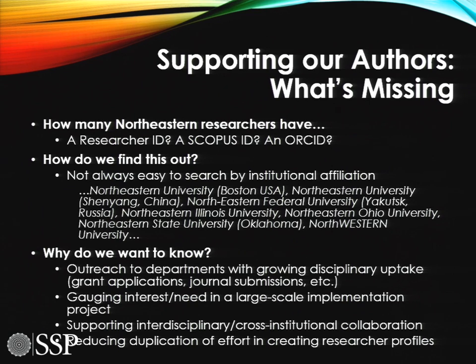We'd like to be able to gauge interest and or need in a large-scale implementation project. So do people on our campus want the library to spearhead a project where everybody gets an ORCID, or do they already all have ORCIDs? That's something that we would like to know. And to be able to better support interdisciplinary cross-institutional collaboration, and also reduce duplication of effort in creating researcher profiles.